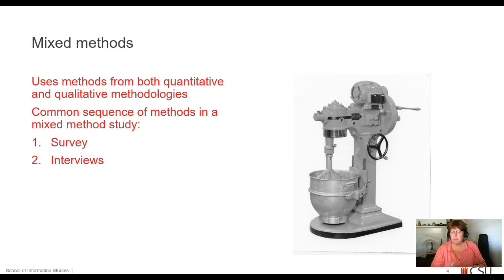And sometimes people do it the other way around. We've got a PhD student at the moment in the School of Information Studies who's doing it the other way around. So he's doing a whole bunch of interviews and pulling out some stories from that, and then he's going to build a theory out of what he's hearing. So he's saying, okay, I'm hearing that people are doing workplace placements and they're having this sort of experience.